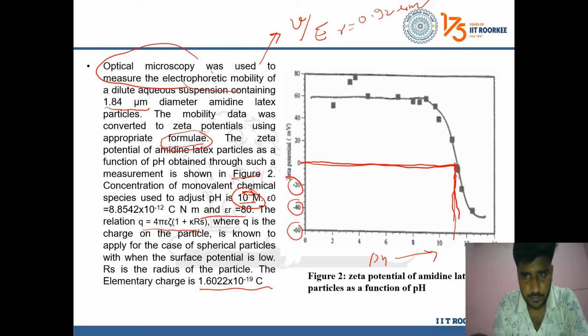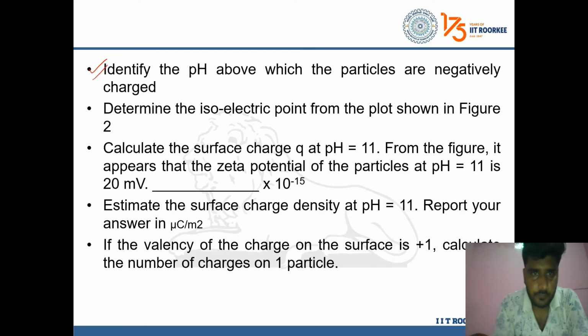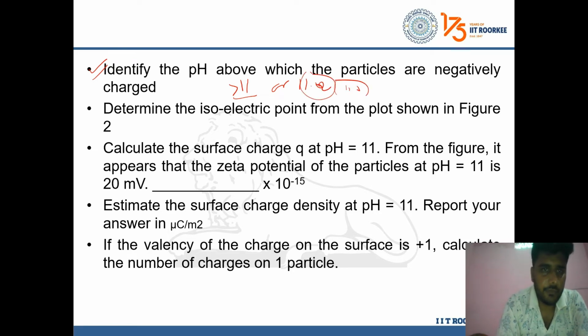You can use a scale, and you will get something like greater than 11, because above 11 you will have the negative zeta potential. So you can write greater than 11, or 11.2, 11.5. In this range you will be getting negatively charged particles.